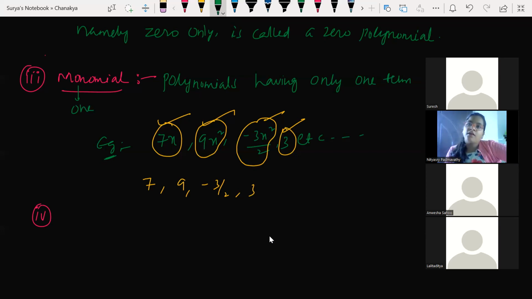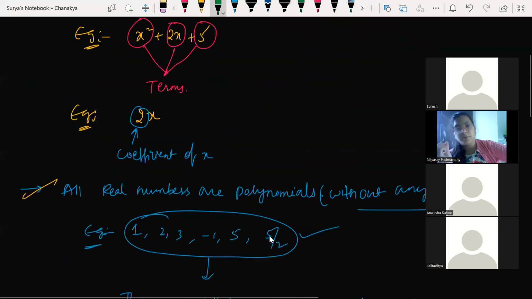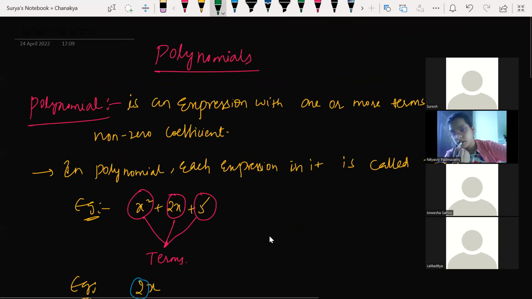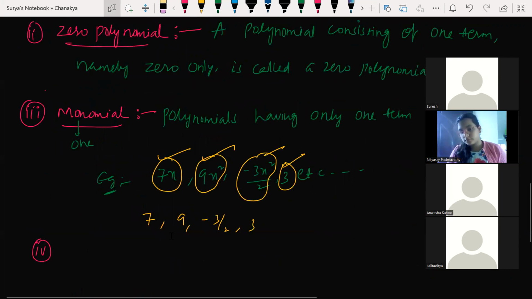Sir, if they give 0, can we name it as constant polynomial and zero polynomial? Because you said zero polynomial is a part of constant polynomial. That is what I have been saying. I said yes as well. I answered that question. I gave a green signal for that. Yes. You're right. Next.